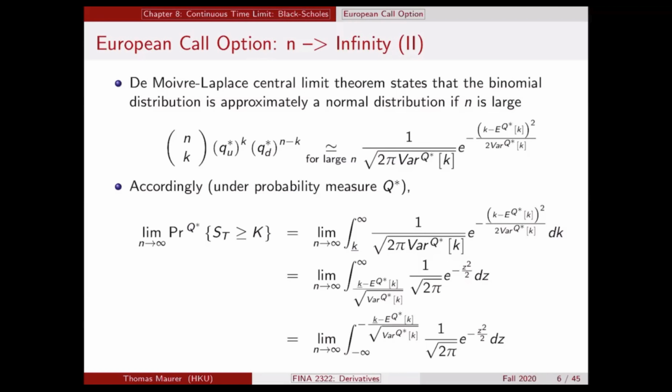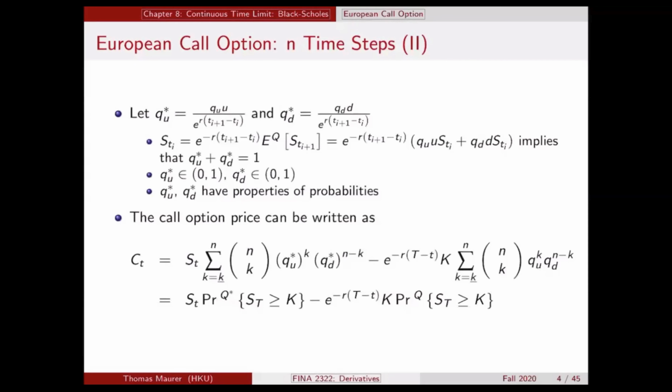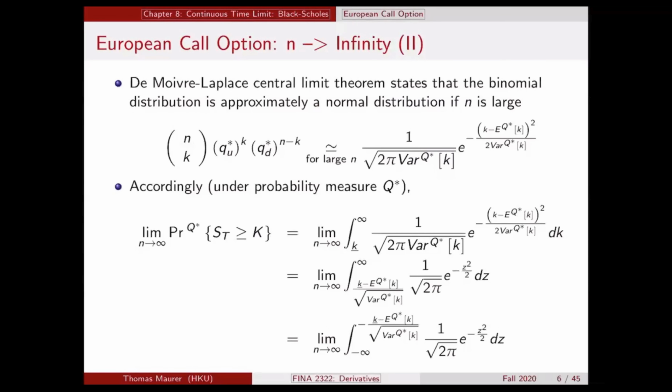Going back to our tree, what we are interested in, going back to the formula for that first part, is the probability of being in the money under the probability measure Q star. And so again, we said that these Q star probabilities converge to this thing, which is the density of a normally distributed variable.